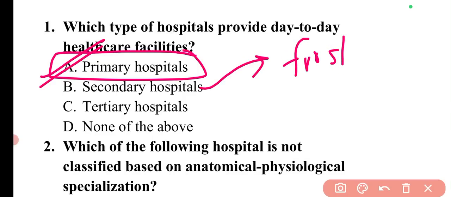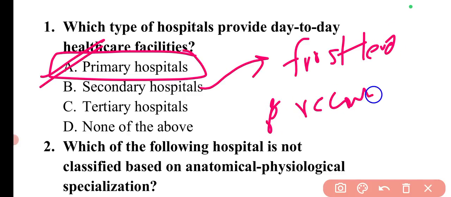These are the first level of recommended services which are more complicated and beyond the scope and capacity of the hospital of the primary level. Like if a patient is not well treated in the primary hospital, he needs some higher supervision or higher testing, higher things that are not provided in the primary hospital, he will go to the secondary hospital.